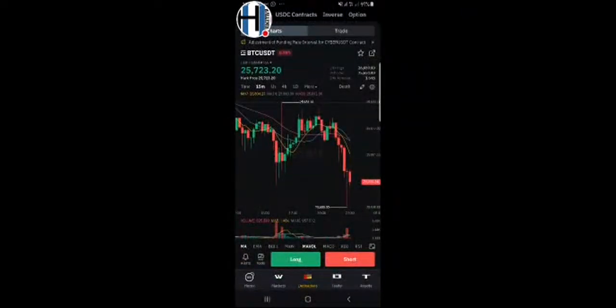If you want to choose any token, just come here. But I want to teach us the indicators on this chart today.